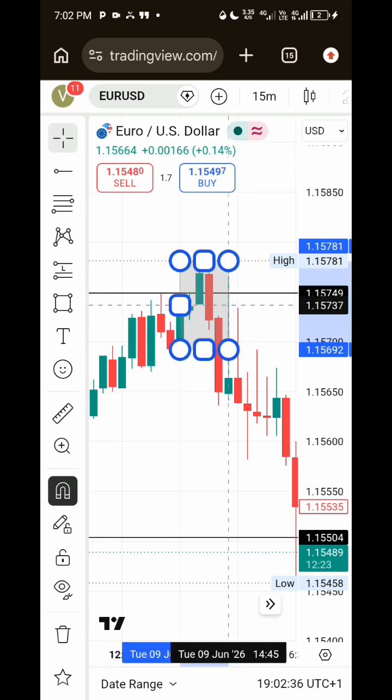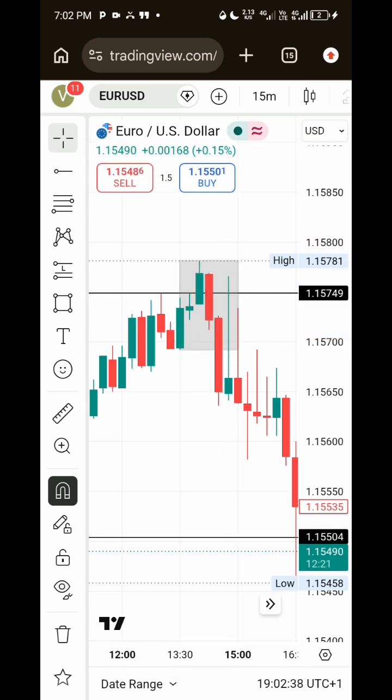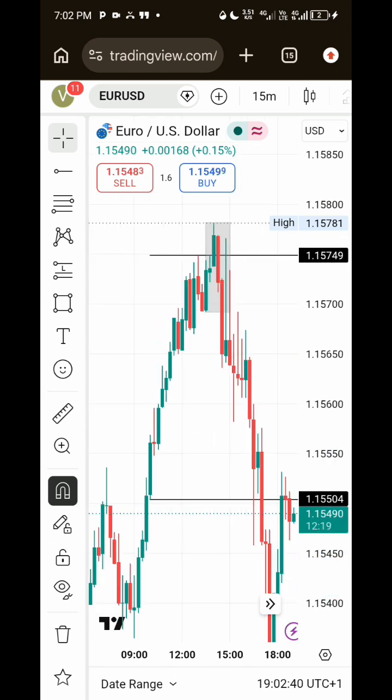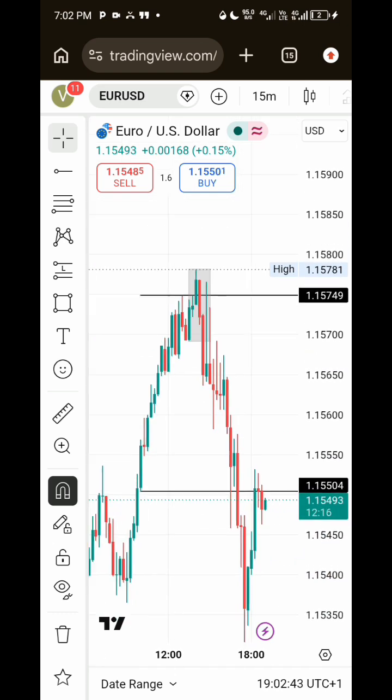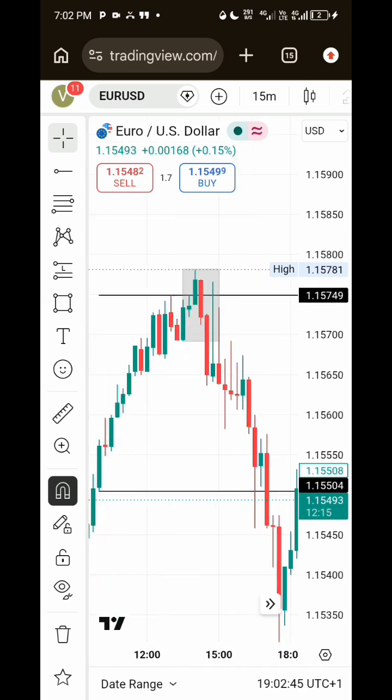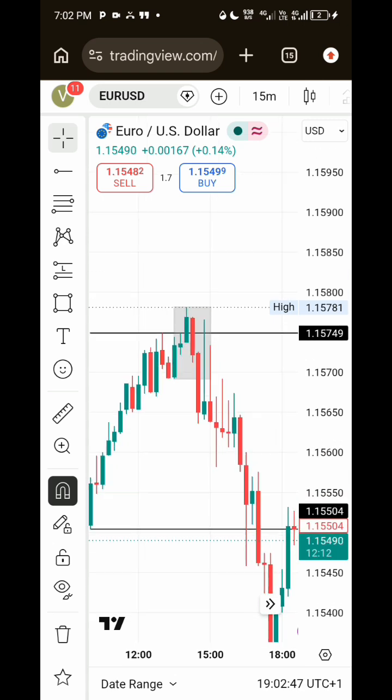I marked it because the market did not continue going higher. The market broke it and now gave a probability, a confirmation, that the market will actually go to the downside.